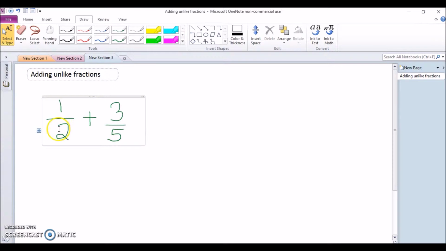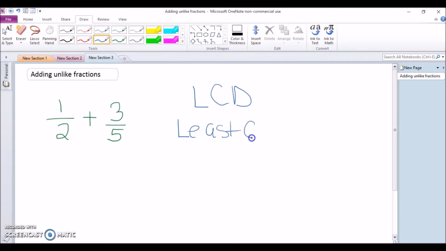So to make them like fractions so that we can add these two fractions, we have to find what is called the LCD. And that is least common denominator.